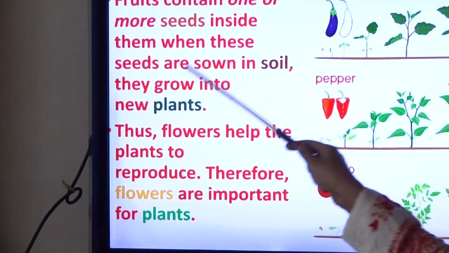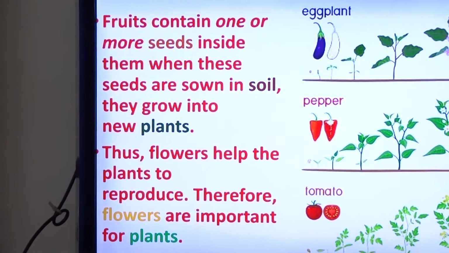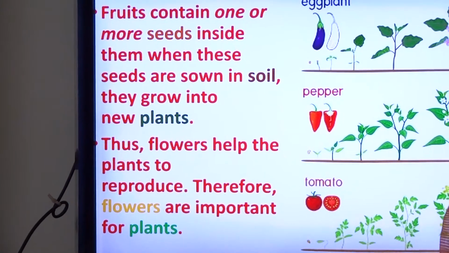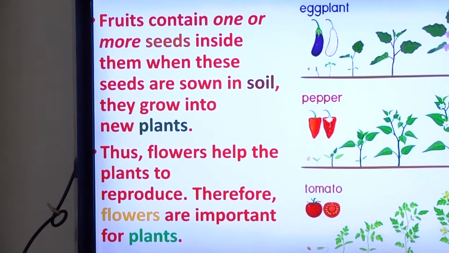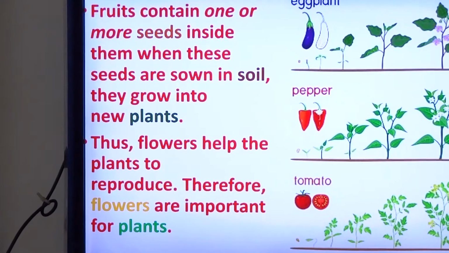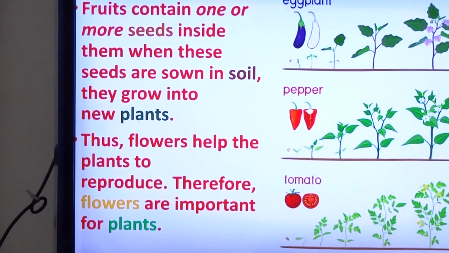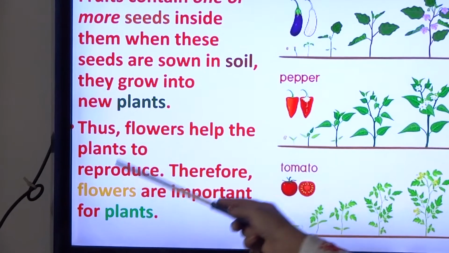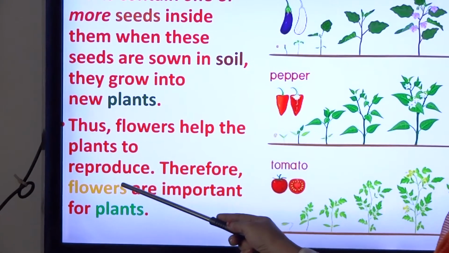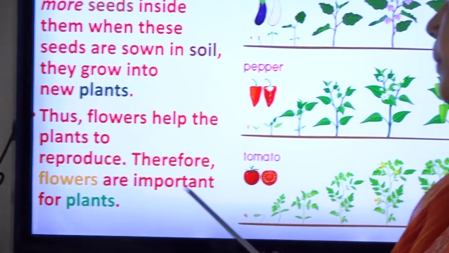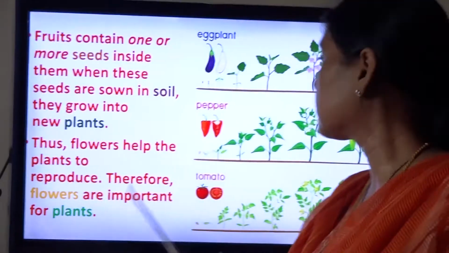When these seeds are sown in soil, they grow into new plants. From where do these fruits grow? These fruits grow from the flowers and they contain seeds inside them which grow into new plants. Thus, flowers help the plants to reproduce. Therefore, flowers are important for plants.